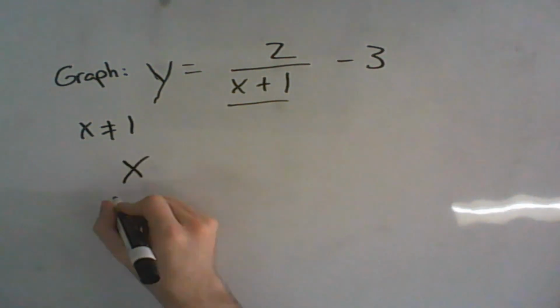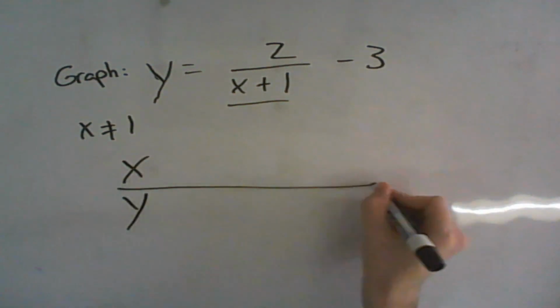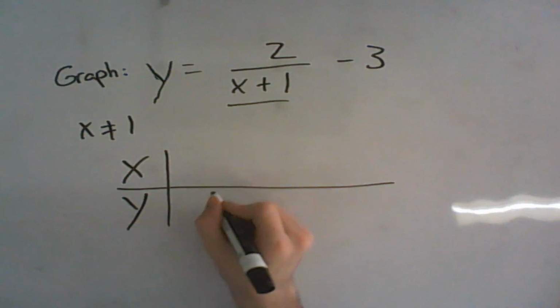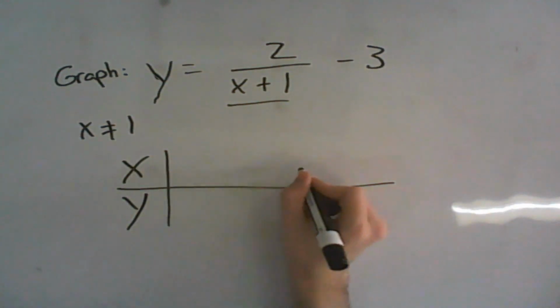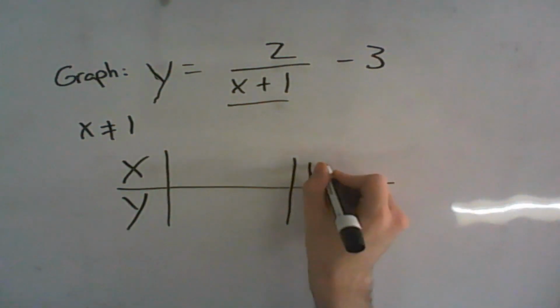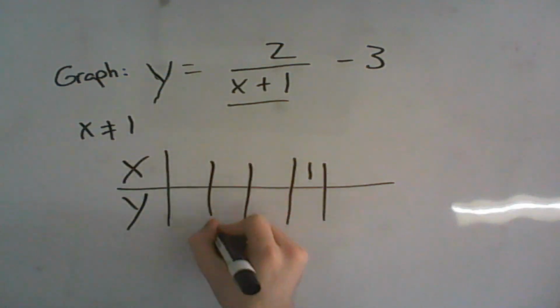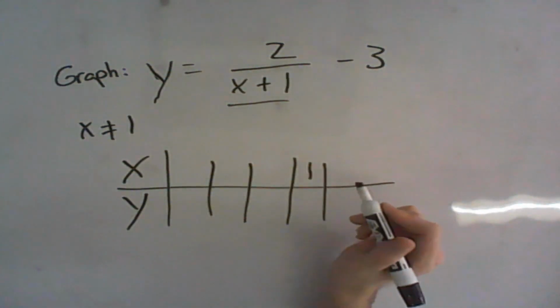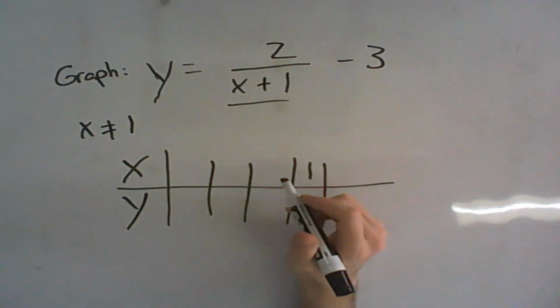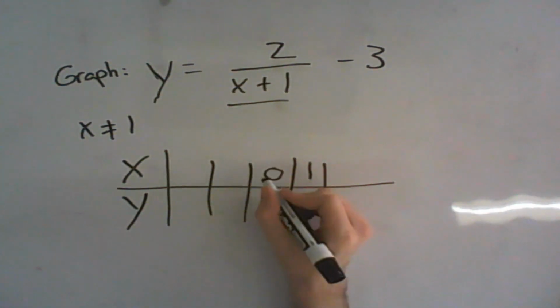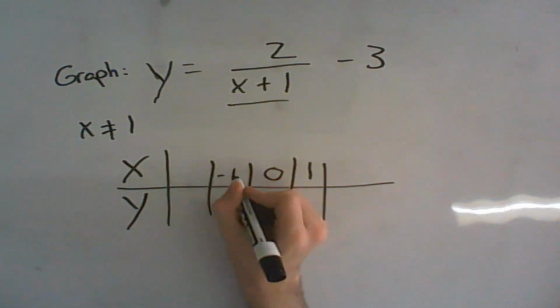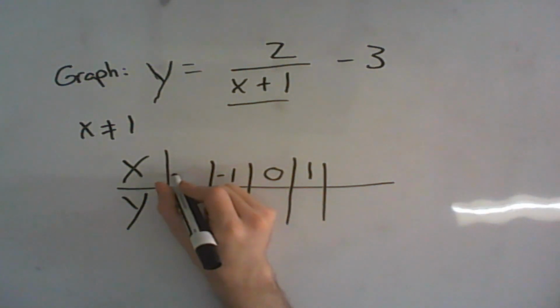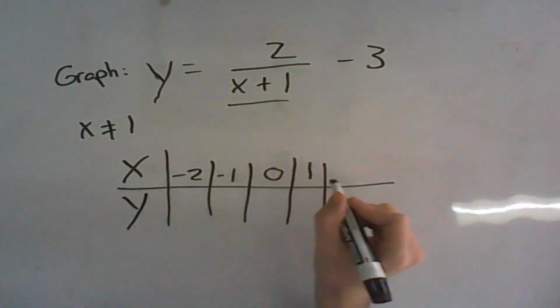So when we do our table, it's going to drastically influence where we're starting. So we're starting at 1. And since we have a 2 on top, we'll do 0, we'll do -1, and we could do -2, or you could do -3. -2 is fine.